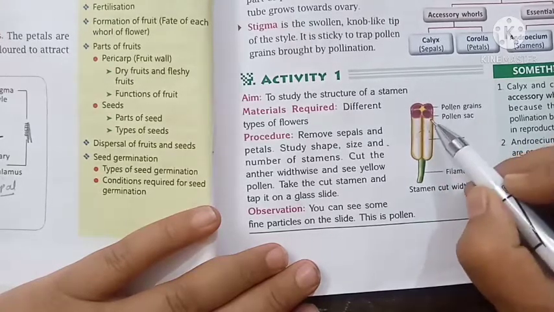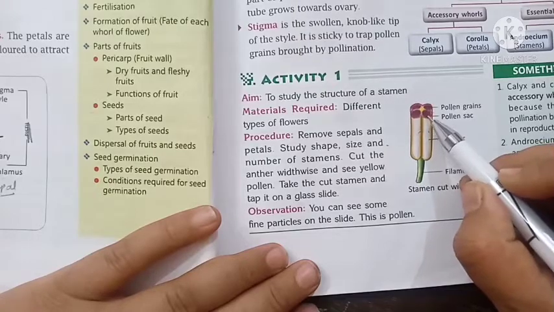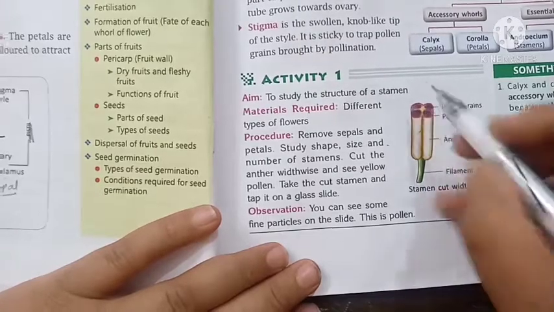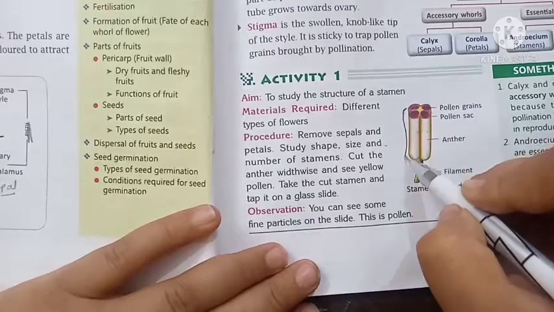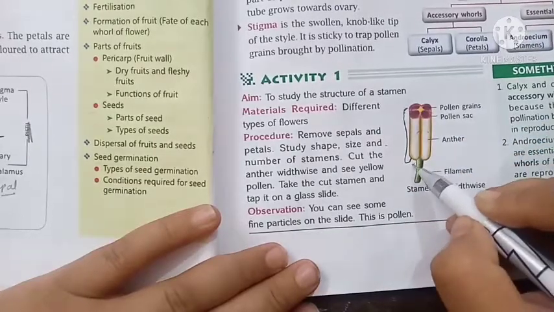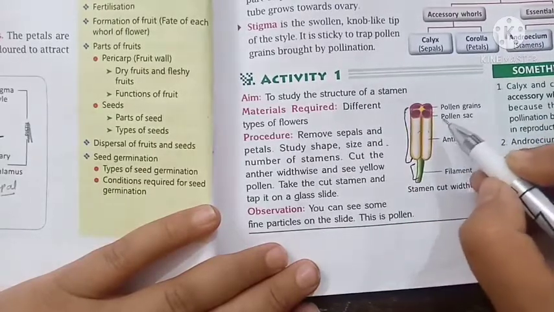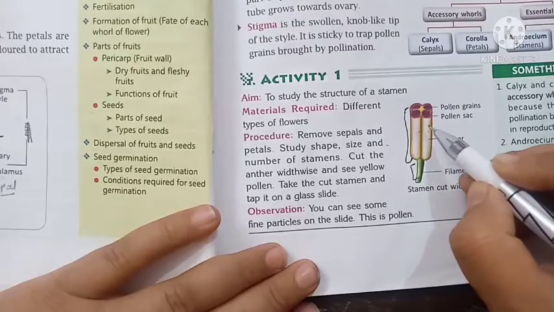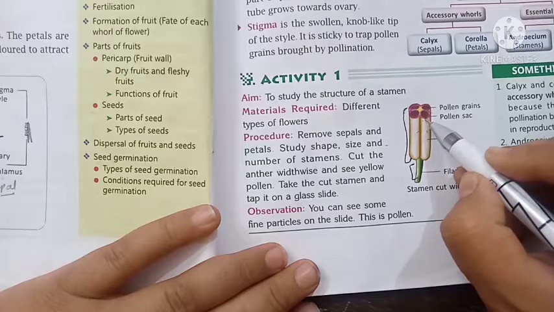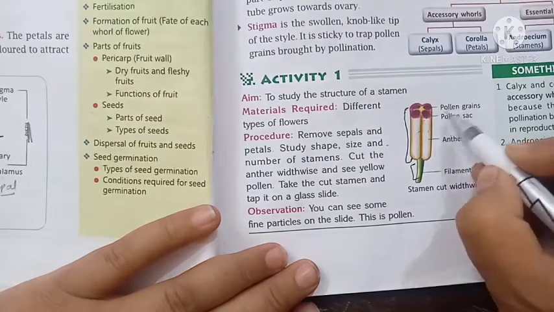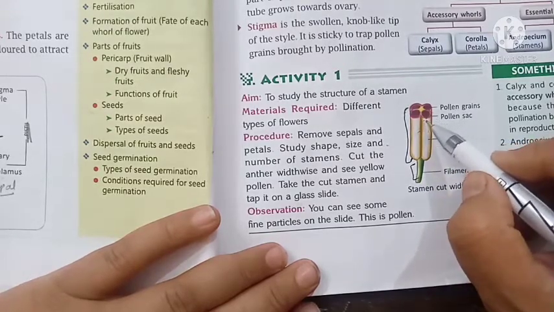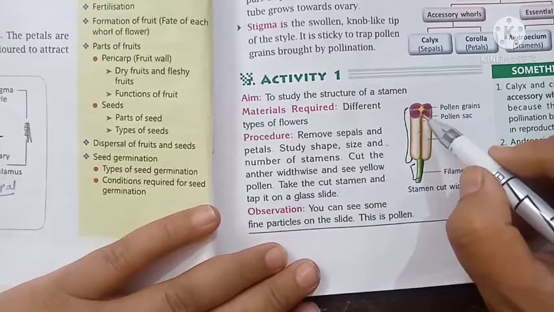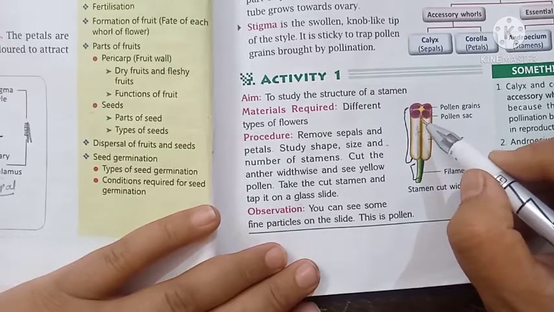These pollen grains are present in the pollen sac. This whole structure is called the anther. This is called the filament. Inside the anther there are four pollen sacs, and inside the pollen sacs pollen grains are present, which are yellow in color, in the form of powder.